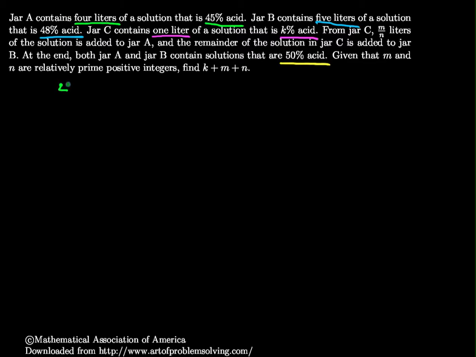So I have 4 times, let me write this as 0.45 of 45% acid, so there's this much acid in the first jar A. There is 5 times 0.48, 48% acid in jar B, and there is 1 times k%, that's k per 100, k over 100, in jar C, and in the end this all equals 10 liters at 50% acid.